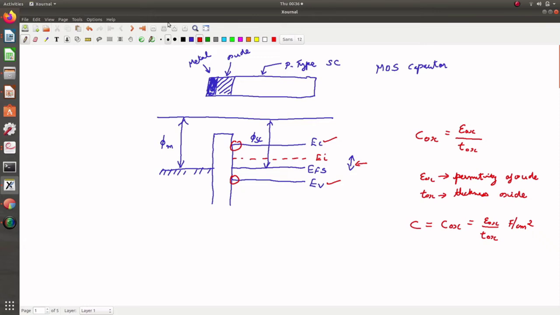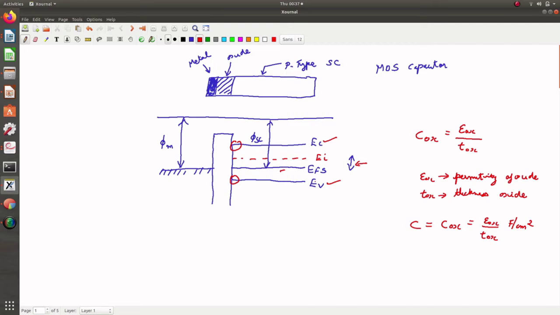In MOS capacitor, there is no current flowing across the insulator from semiconductor to metal or metal to semiconductor under any bias. Therefore, the Fermi level remains horizontal in semiconductor because the current is proportional to the gradient in Fermi level.